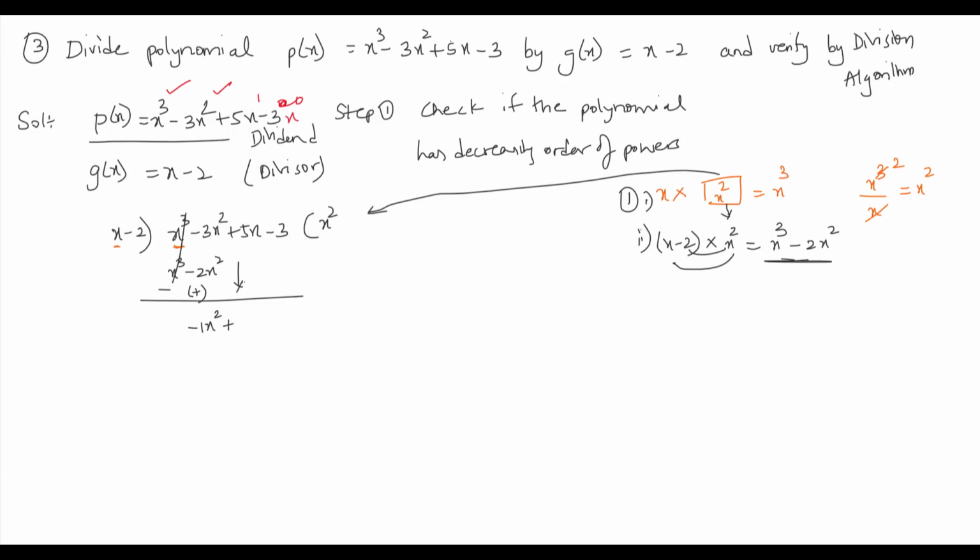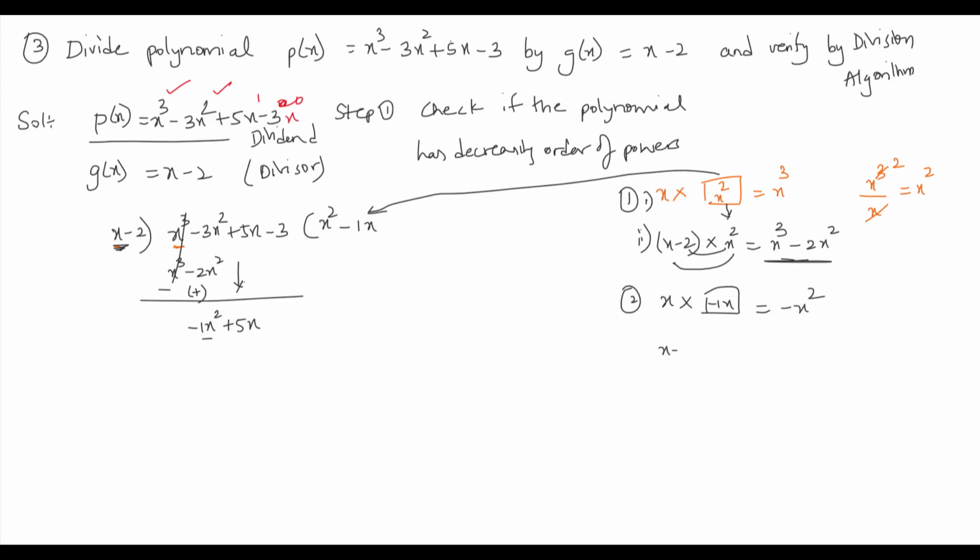Take this 5x carefully down, that is plus 5x. Then compare x with x square. What should be multiplied to x so that we'll get minus 1x square? That is minus 1x. Take this minus 1x and place it at the quotient part.